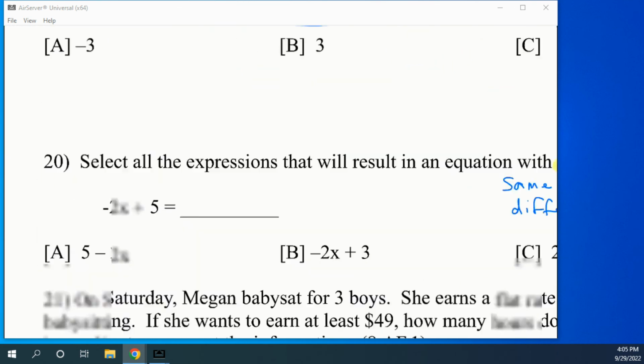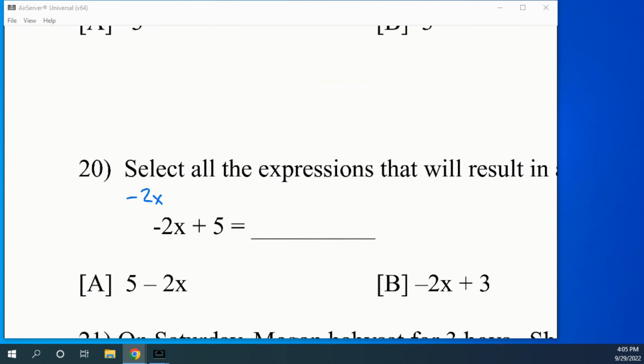So the variable term here is a negative 2x. The constant is a 5. So anything that has the same variable term, the same negative 2x, but a constant term that is not 5, that is going to be what we want to select.